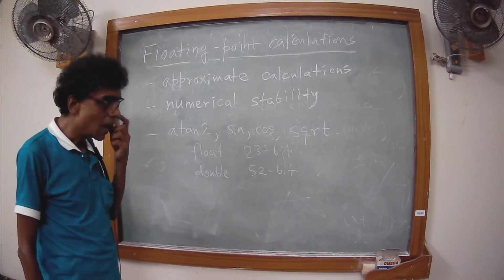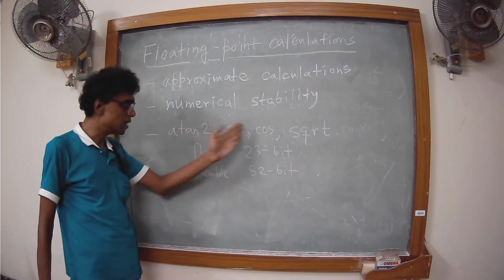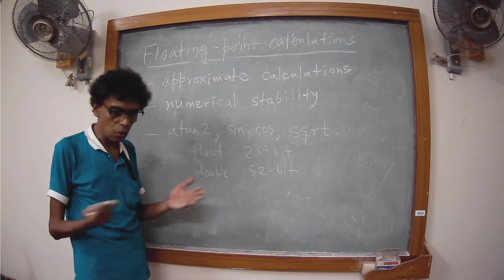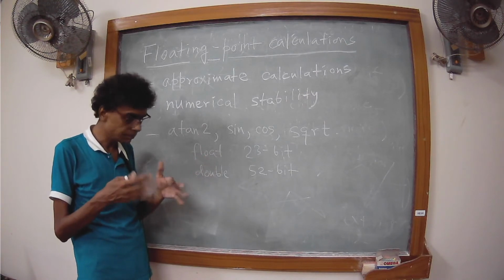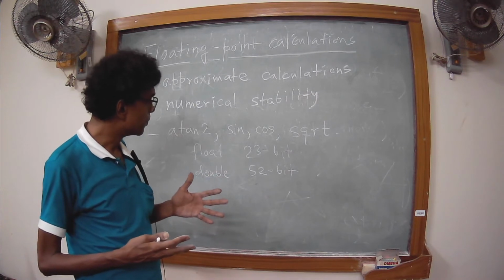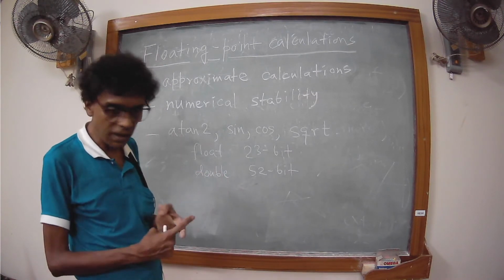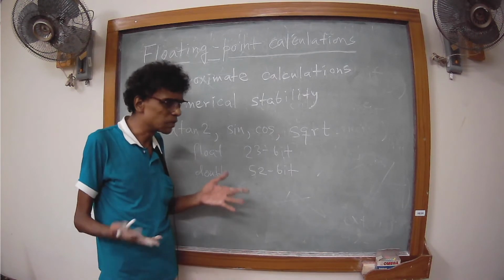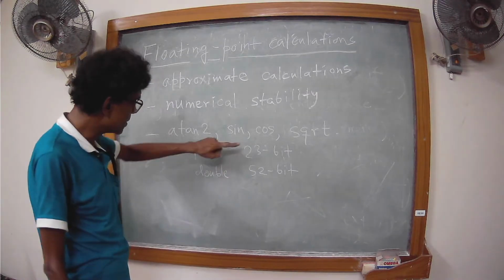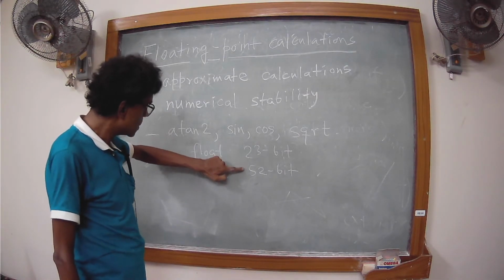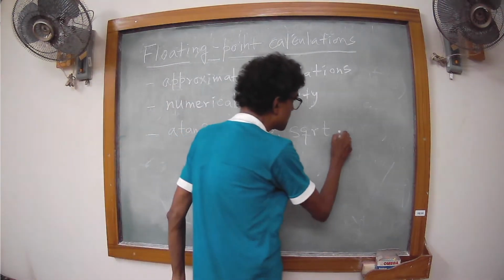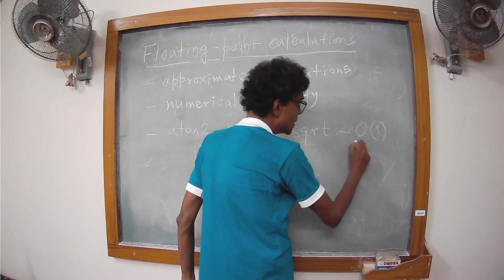And depending upon which algorithm they use, it may require 23 iterations, 52 iterations to achieve that accuracy, provided that this convergence is linear. And in each iteration, you do some constant number of addition, subtraction, multiplication, division, things like that. In any case, since this 23 and 52 are finite, we will assume that each of these atan2, sine, cos, square root take 1 running time.